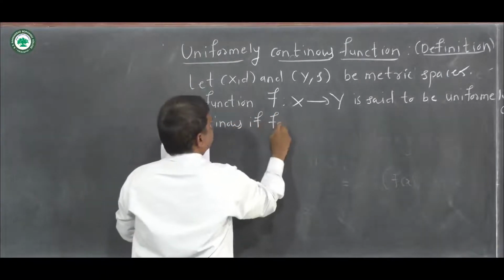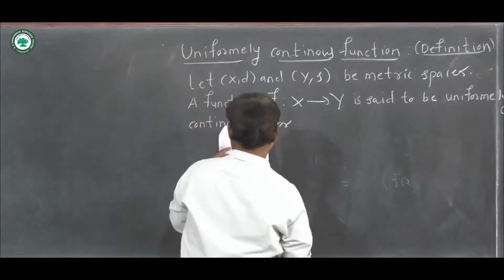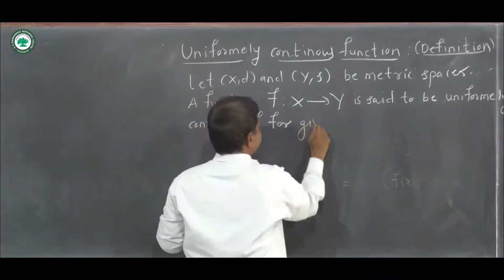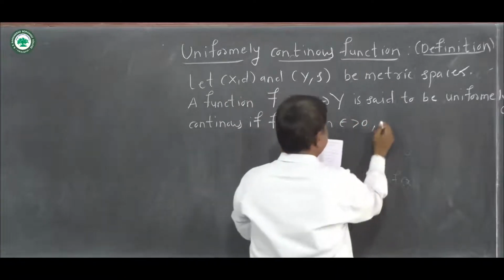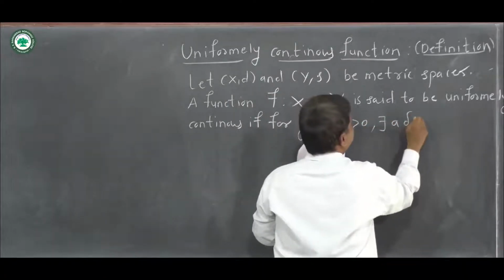if for a given epsilon greater than 0 there exists a delta greater than 0.